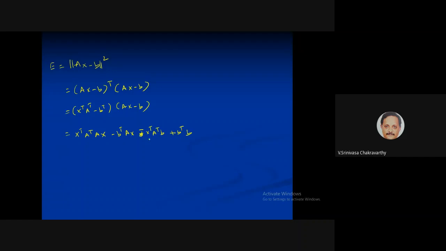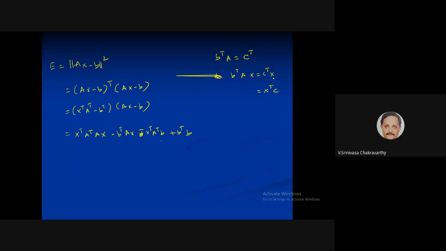Now, how do you solve this? Note that these two expressions are the same because let's say b transpose A is equal to some c transpose. Then c transpose x is equal to x transpose c, right?